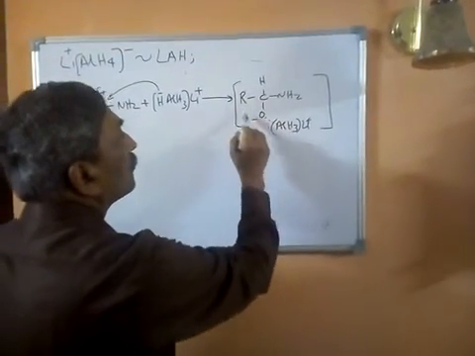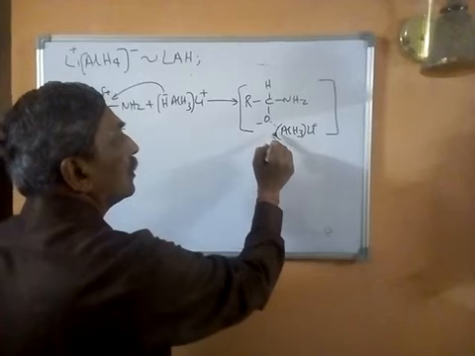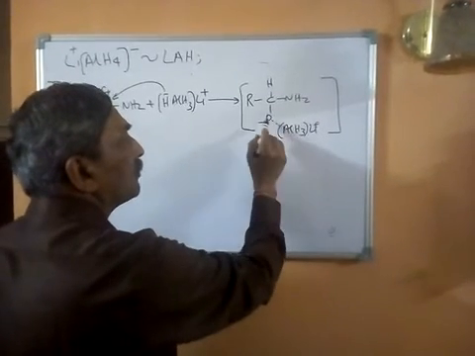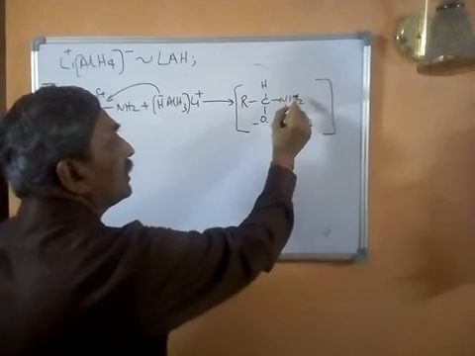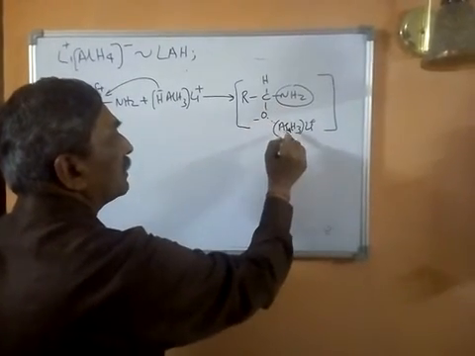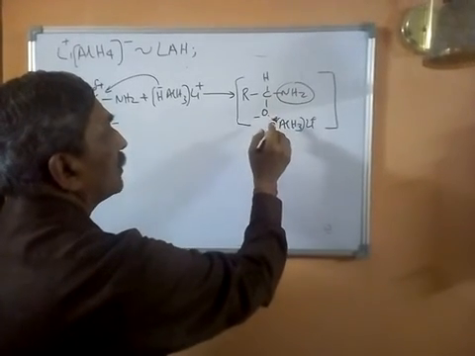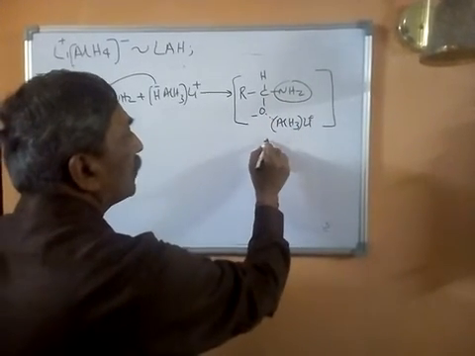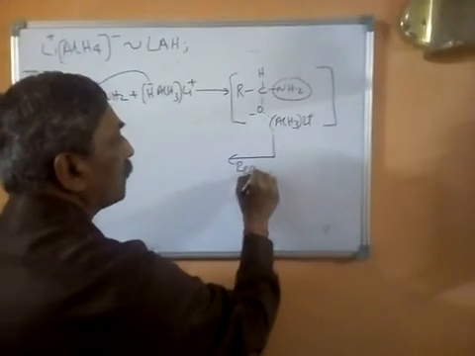This results in the formation of an intermediate, RCHNH2, stabilized by a Lewis base-Lewis acid interaction. Now this is not a good leaving group in comparison to this. So a rearrangement occurs as follows.